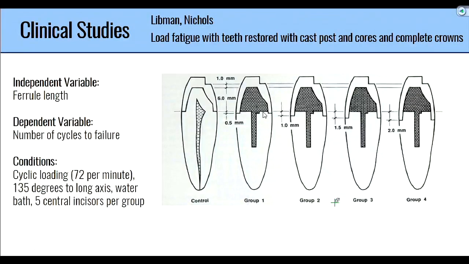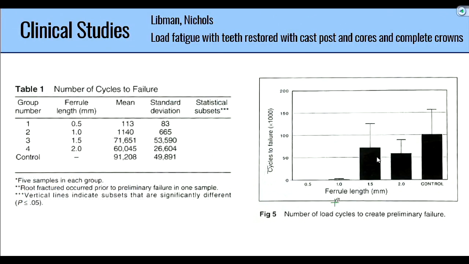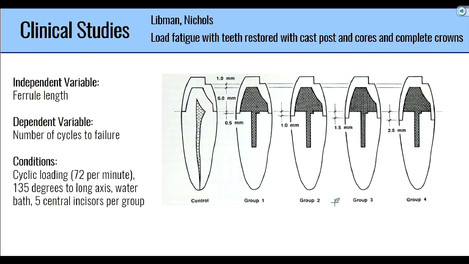This one here? Right. So if some of you looked at this graph closely, you would notice that at 2 millimeters, it took fewer cycles for it to fail, right? Okay, because there's a limit to how much you can go.